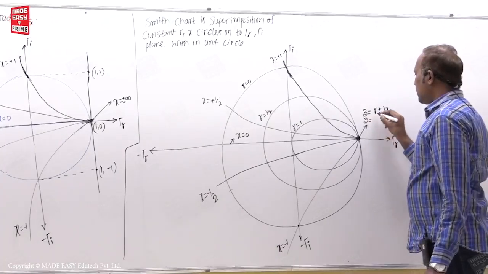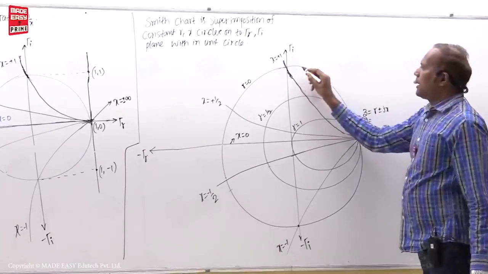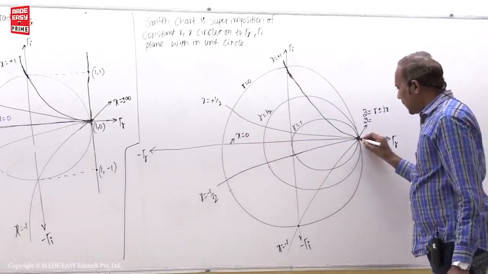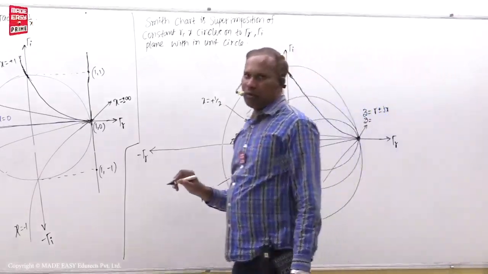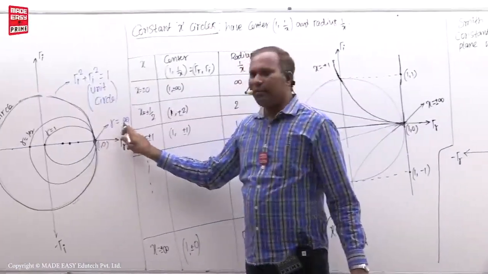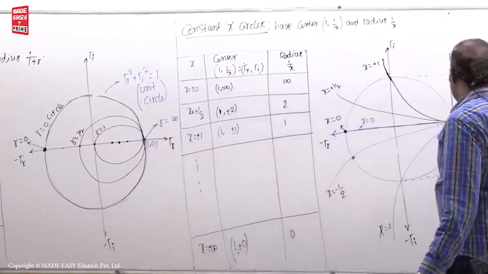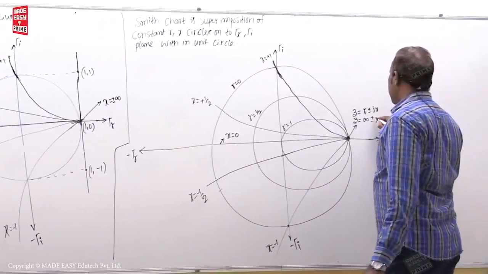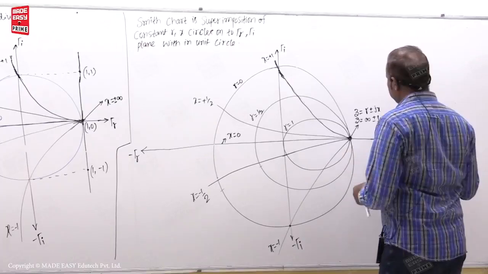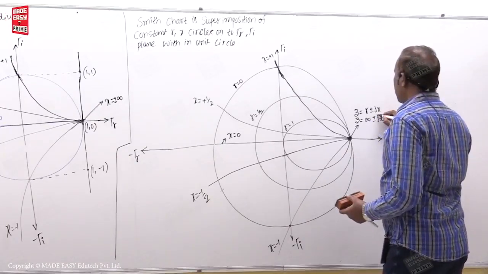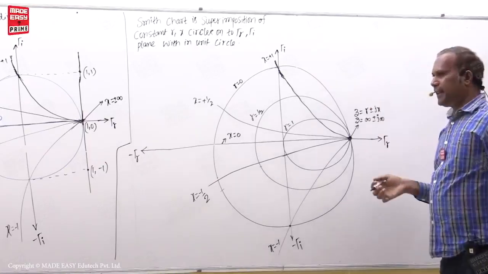On this circle at any location r value is 0, except at this location I have told you. Here r value is infinity, and x value is plus or minus infinity. So infinity plus or minus j infinity, students.